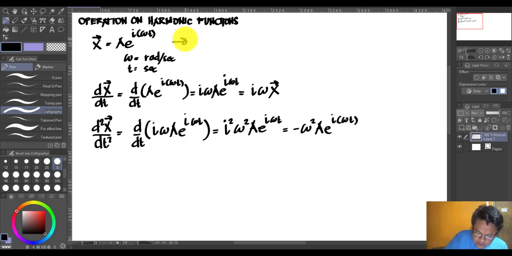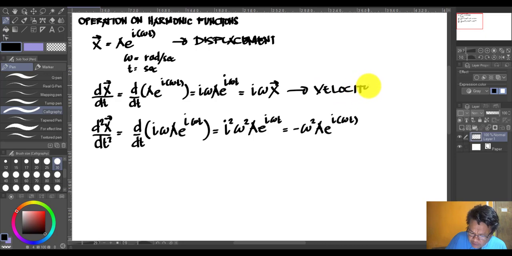So this is my displacement, the displacement of motion, and this is my first derivative, which will become my velocity, and the second derivative, which will become my acceleration.